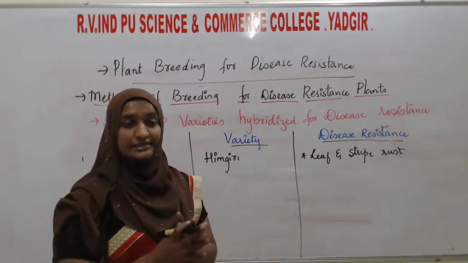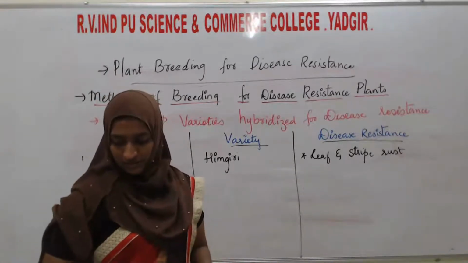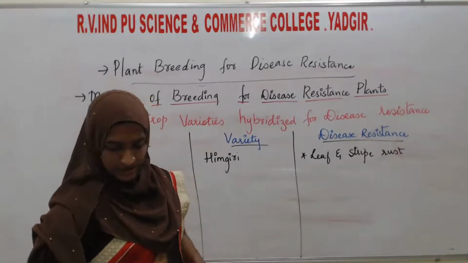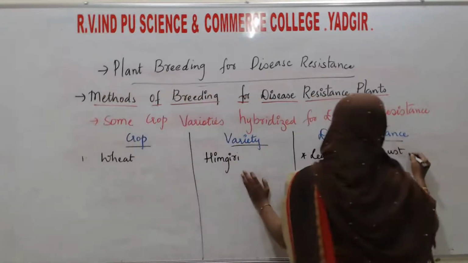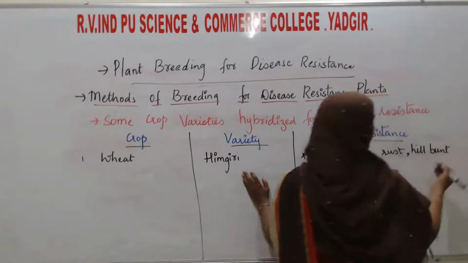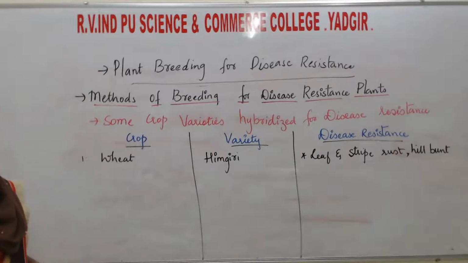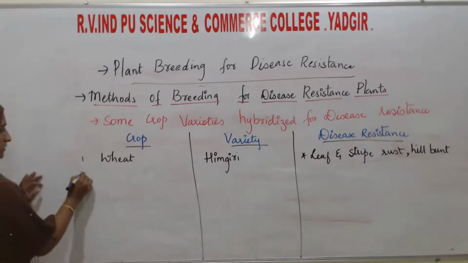Okay. This resistance is employed or implemented by what? Conventional breeding. Okay. Hill bund. One more is there, that is hill bund. The next, the second crop, means brassica.